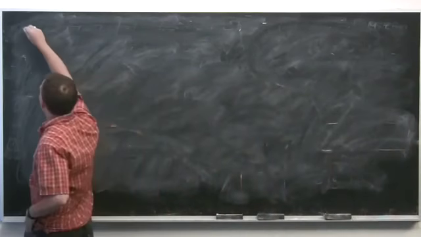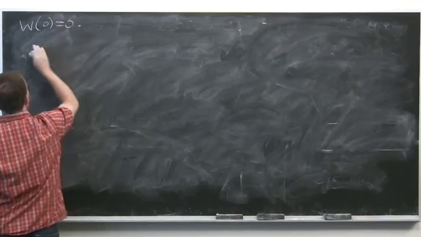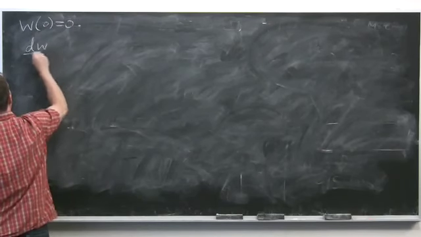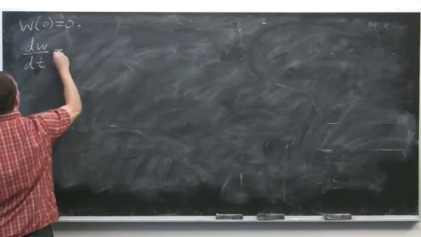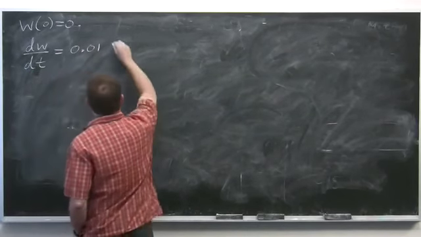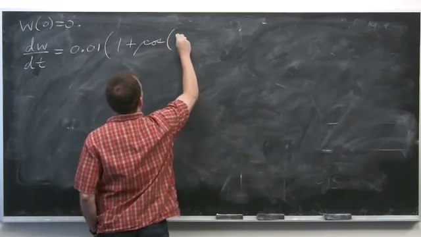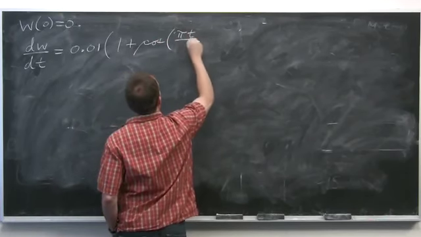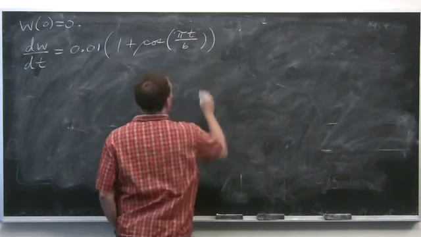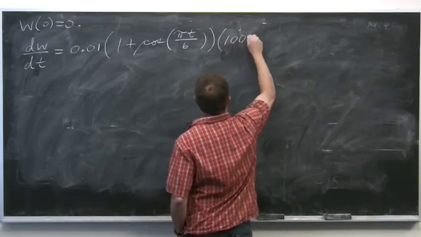So now we've got the initial condition that w at 0 is 0. And we've got the differential equation dw dt equals 0.01 times 1 plus the cosine of pi t over 6, times 1,000 minus w. This is separable.